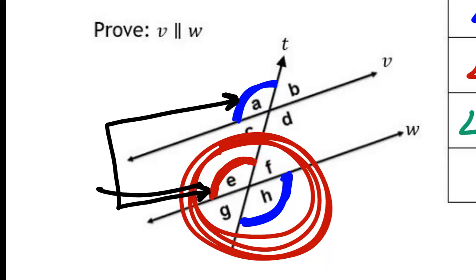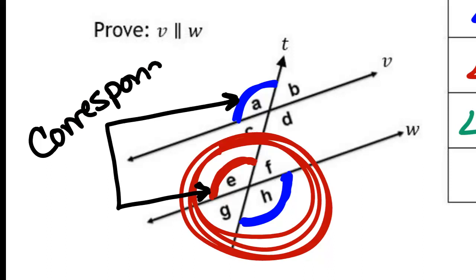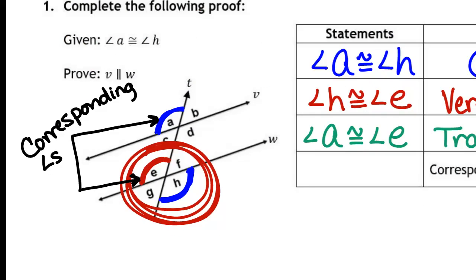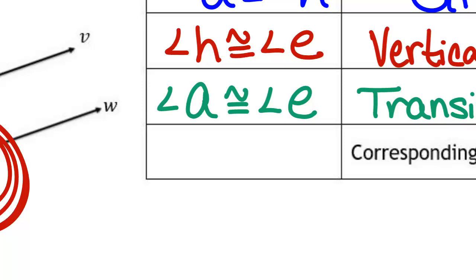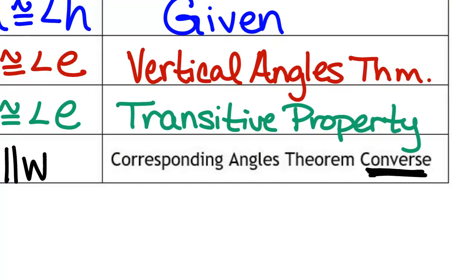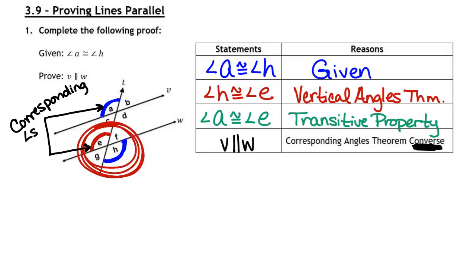Those are my corresponding angles. And we just showed that my corresponding angles are congruent. We said A and E are the same size. So if my corresponding angles are congruent, and they are, that means those two lines, V and W, are parallel by the corresponding angles theorem converse. Remember, we use the converse when I want to show that the lines are parallel.